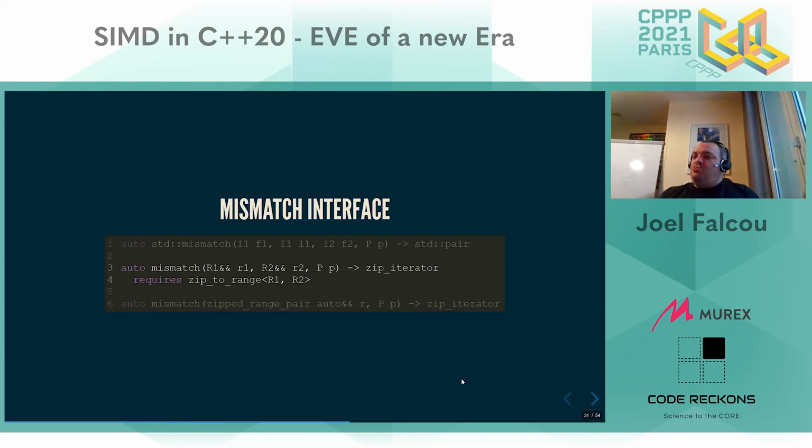It's an iterator that when you read it, you get a tuple of whatever values were inside. And it requires that R1 and R2 are zippable to a single range, so they have the correct properties to be zipped. And as we have zip itself, you could also directly pass the result of a zip to mismatch, and it will take care of it properly, still returning a zip iterator.